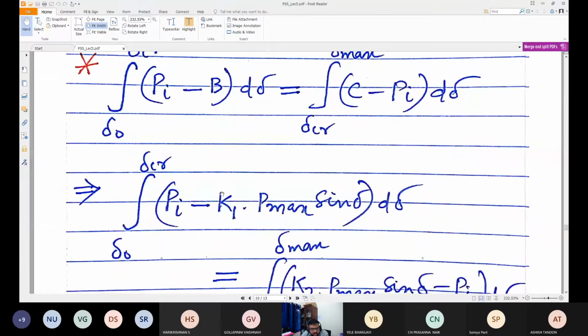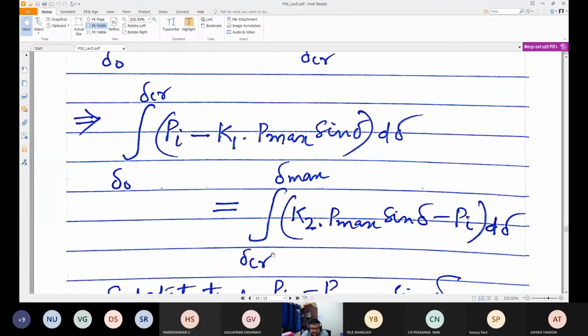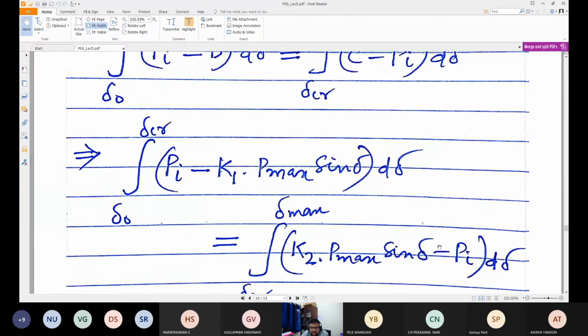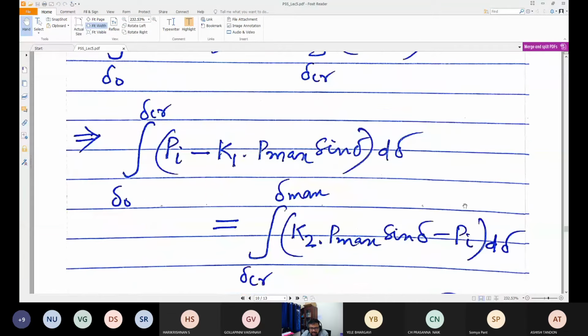Now we are going to substitute for B and C. B is K1 P max sine del. So we are substituting this: integral del naught to del CR of Pi minus K1 P max sine del d del equals integral del CR to del max. For C we are substituting K2 P max sine del minus Pi d del.